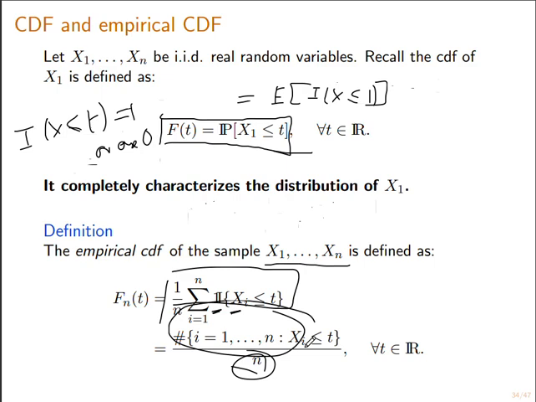So let me summarize what we learned today. The empirical CDF, that is Fn, is a non-parametric estimator of the true CDF function. It's calculated by averaging the indicator functions across the sample, which allows it to estimate the probability distribution of any given set of data.